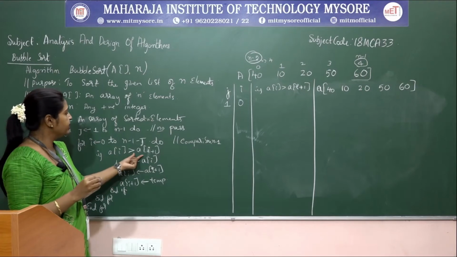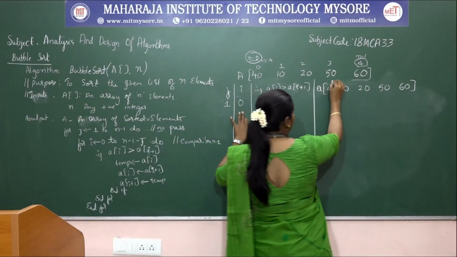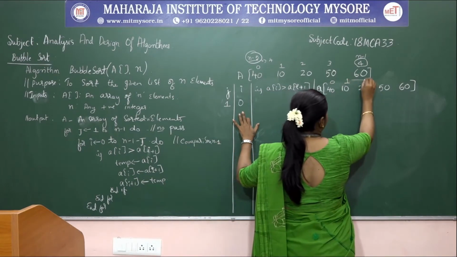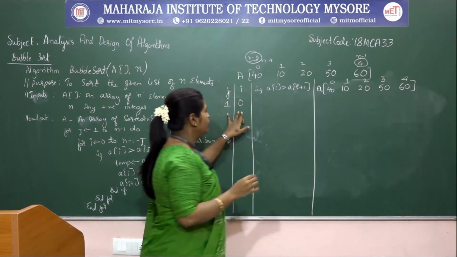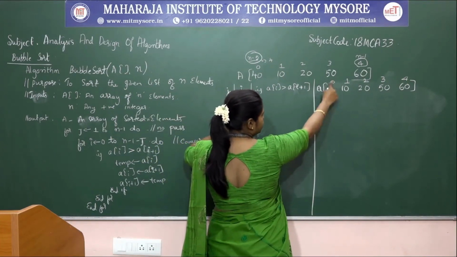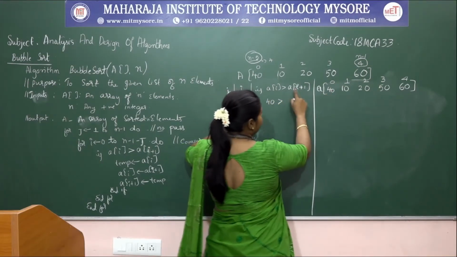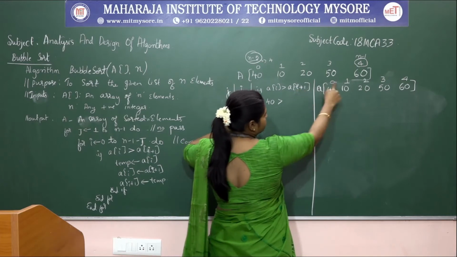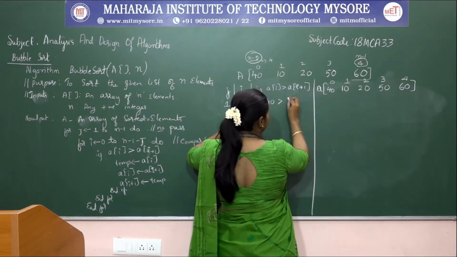Now a of i is greater than a of i plus 1. So i value is what? 0. So let me take the indices values. What is the 0th position value? A of 0 is 40. So 40 greater than a of 0 plus 1, that is a of 1? In the 1st position we have 10.